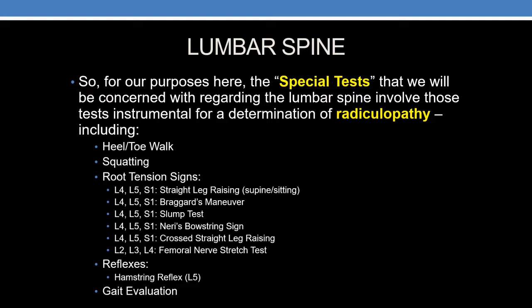Then we're going to turn our attention also to the lower extremity reflexes. Specifically, we'll talk about the hamstring reflex, which is an L5 mediated reflex. And then with regards to both radiculopathy and myelopathy, we're going to go into a more extensive discussion of the gait evaluation.